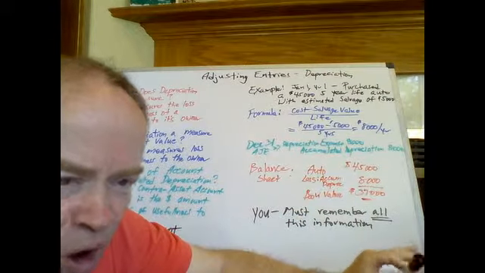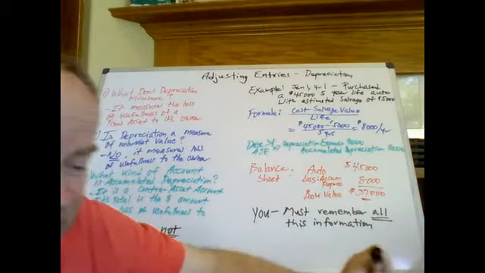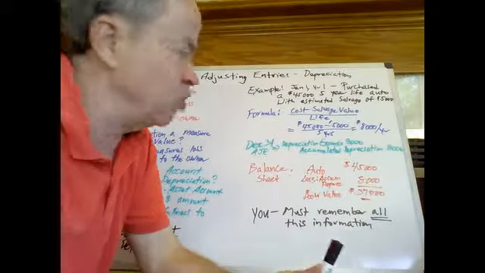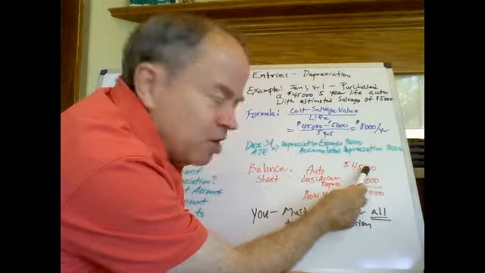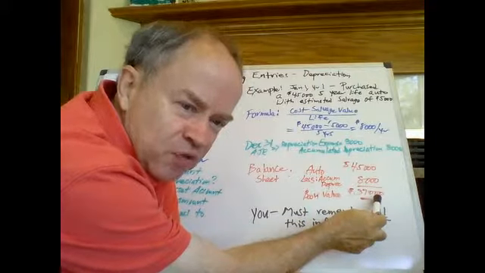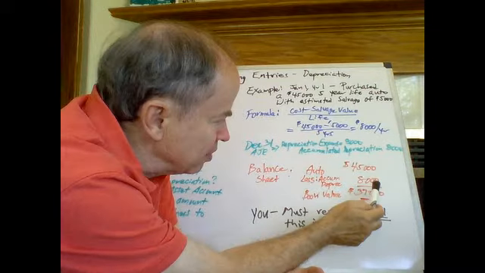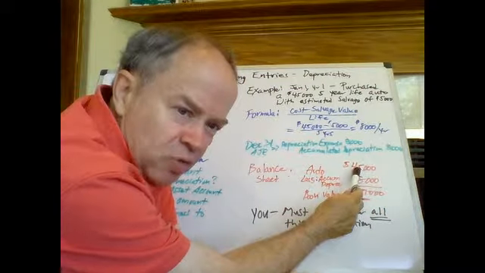The auto is always recorded at its historical cost. So at any time during the life of the auto, I can see what the value of that auto is. So if this was 45 less 40, which would have a book value of 5,000 at the end of the life of the automobile, I could see what the auto originally cost.